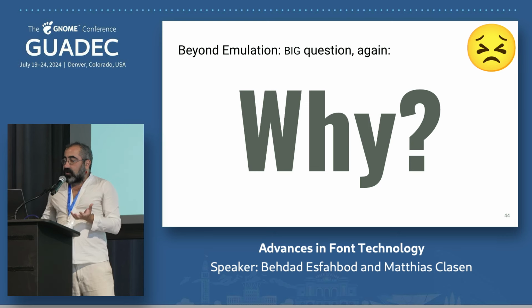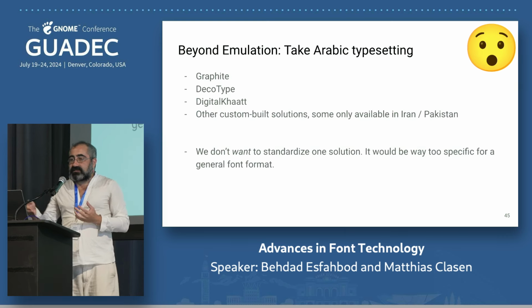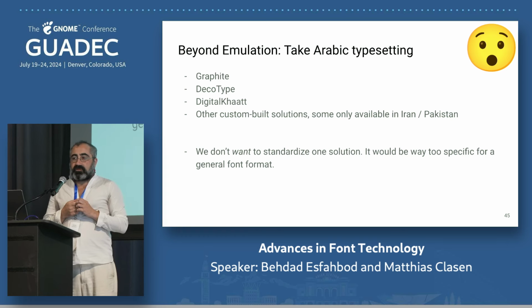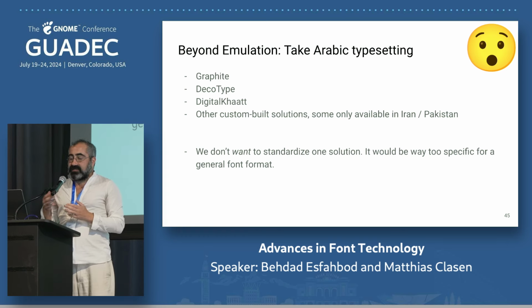Now the question is why? Why do this? As I mentioned, even for Arabic, we already have 3 or 4 alternative shaping engines and many other ones that we don't know about, but they are sold in Iran and Pakistan. For that reason, we don't want to specifically encode one Arabic solution because it's something that's constantly changing and being improved.